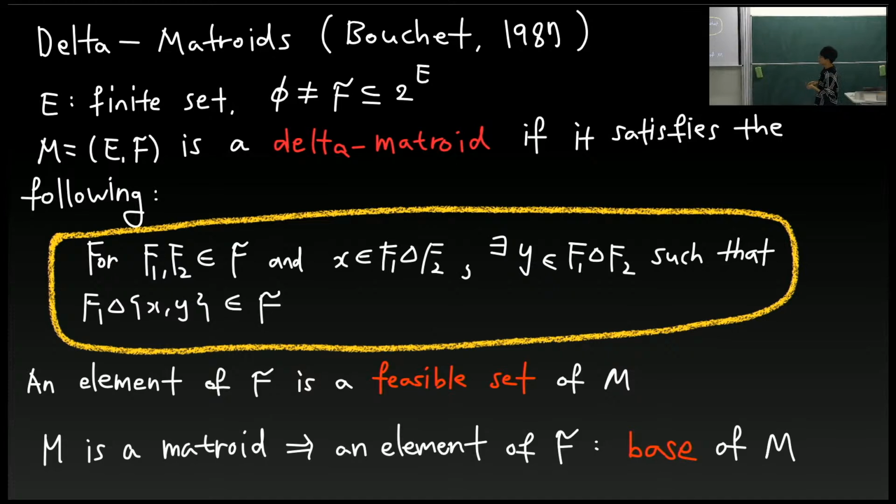Also, we say that an element of F is a feasible set of M. In particular, if a delta-matroid M is a matroid, then we call an element of F a base of the matroid M.